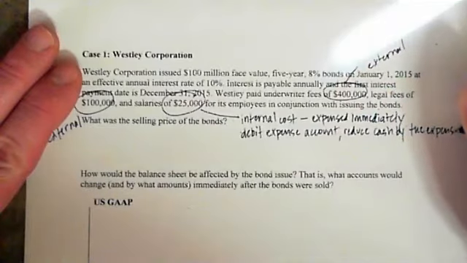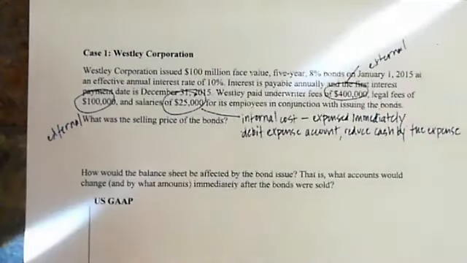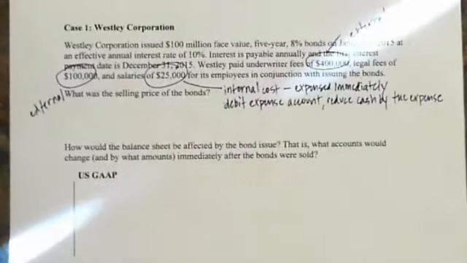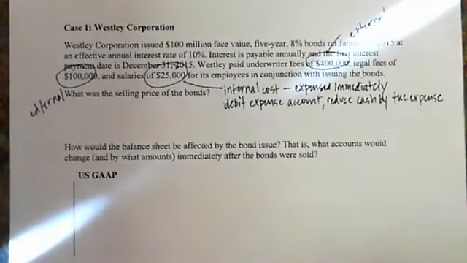So rather than match the internal costs to the entire life of the bond, we just expense them in the year the bond was issued, whereas those external costs are not expensed the year of the issue. In total, only a portion of them are expensed, and the remainder of them get expensed over the life of the bond. Okay, thank you very much.